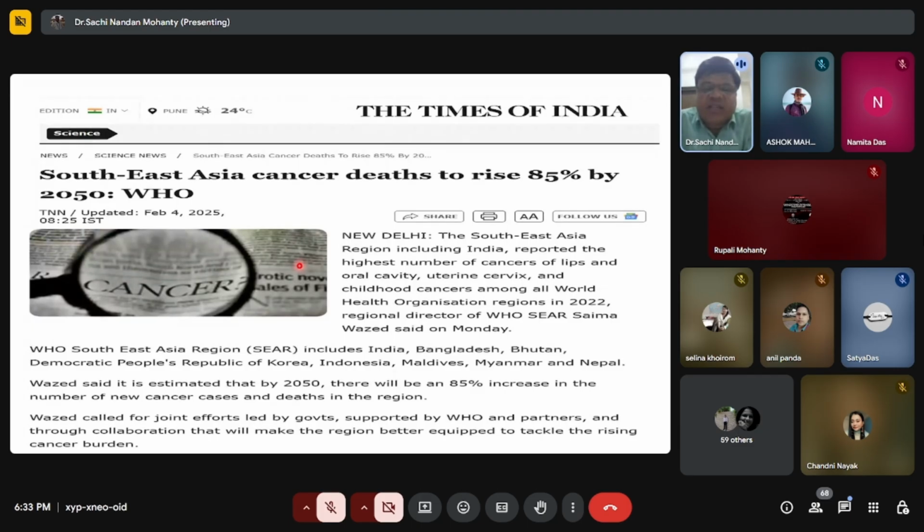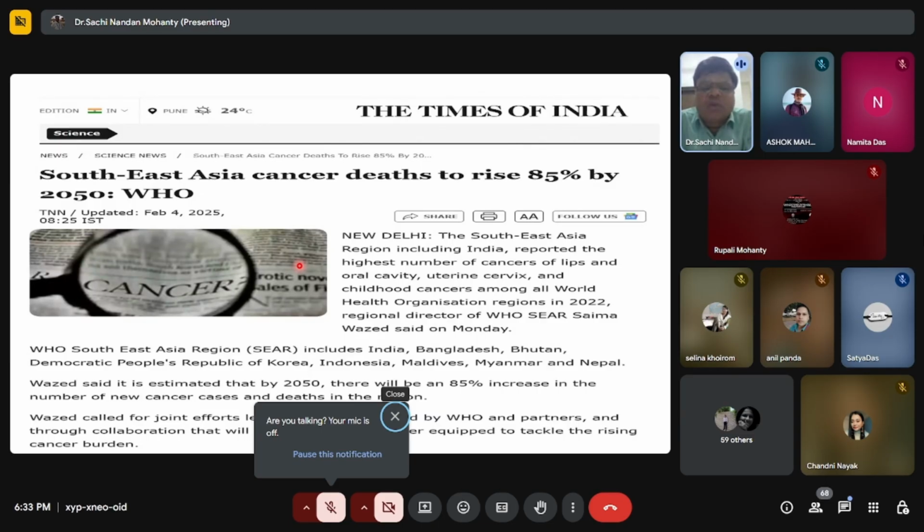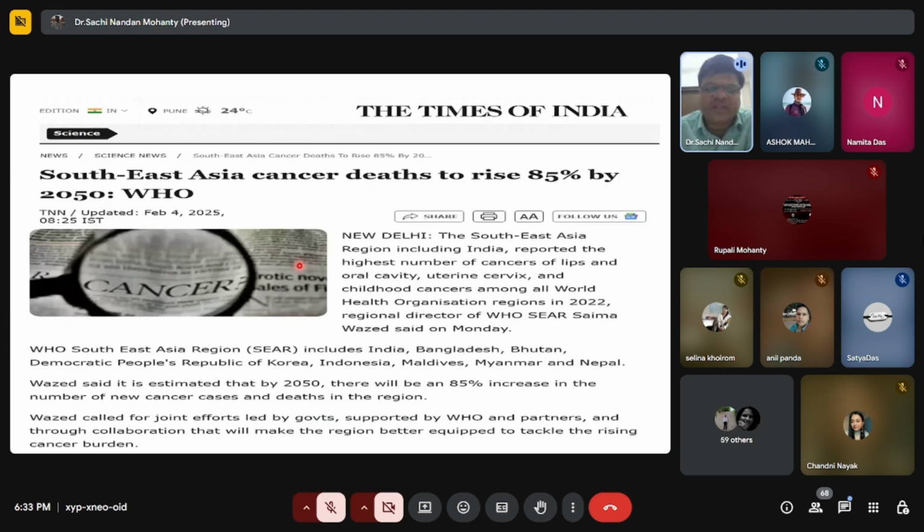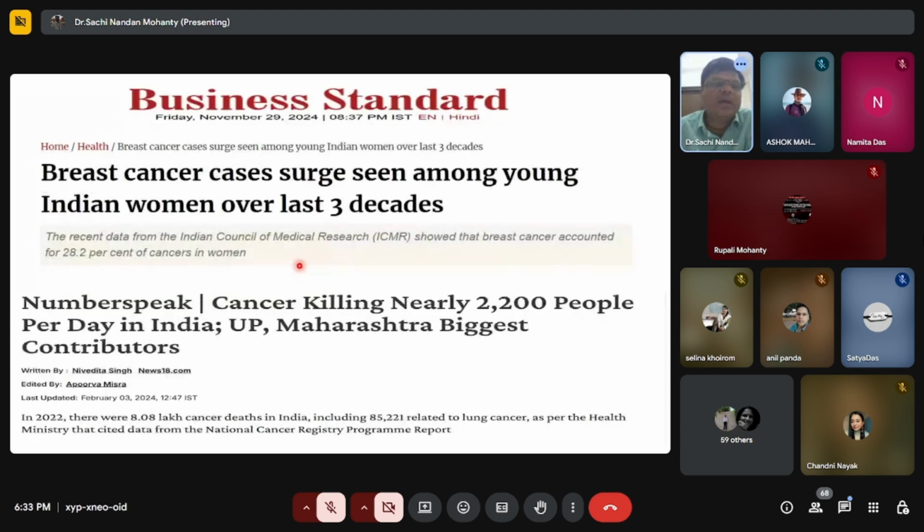The number of patients is increasing day by day. They studied different government and private hospitals, and expect that by 2050, 85% of deaths will be caused by cancer.